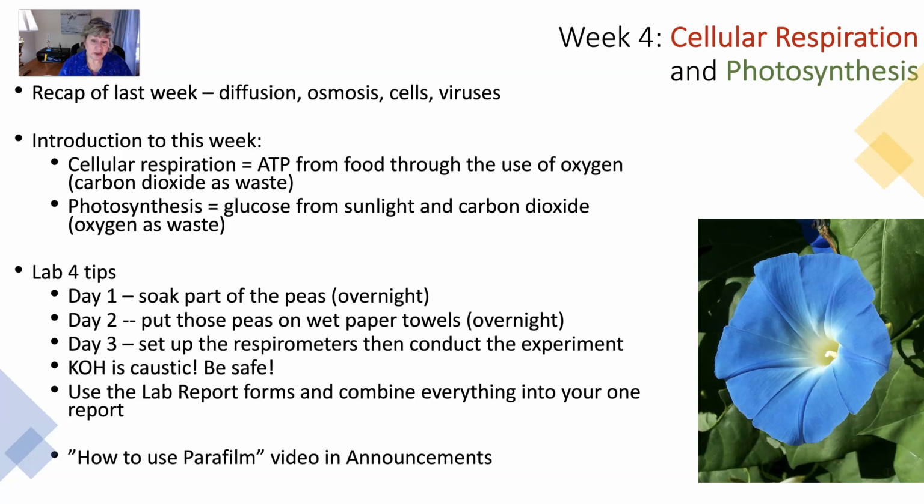So make sure you use unchlorinated water. Most of us have bottled water in our houses. Filtered water would also work if you have one of those filters on your faucet. So soak your peas overnight. And then the second day, you're going to put them on wet paper towels and cover them up and let them sit overnight. That's a couple of days right there.